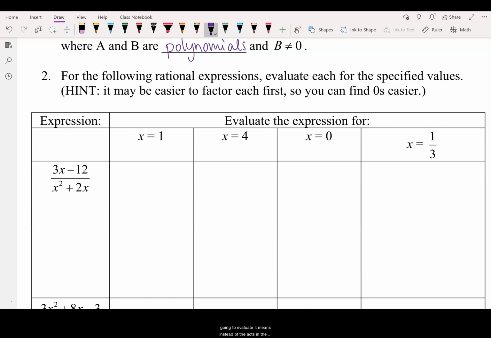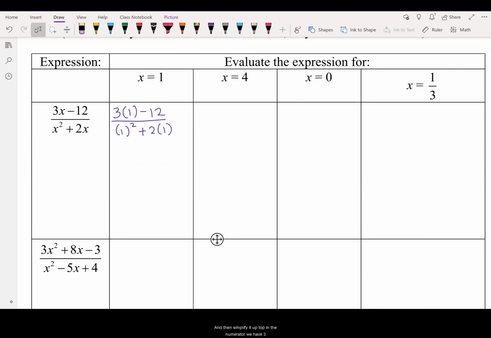That basically means instead of the x in the rational expression, we're going to replace the x with 1 and then simplify it. Up top in the numerator, we have 3 times 1 minus 12, and in the denominator, 1 squared plus 2 times 1.